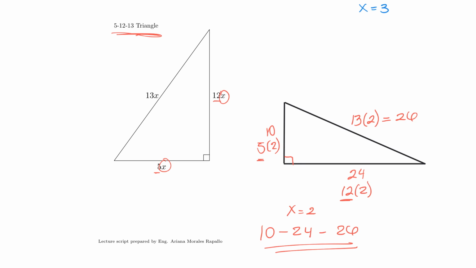And you see that we were able to figure out the length of the hypotenuse without using the Pythagorean theorem, just using this Pythagorean triple, which is the 5, 12, 13. Again, it works for multiples of this number.